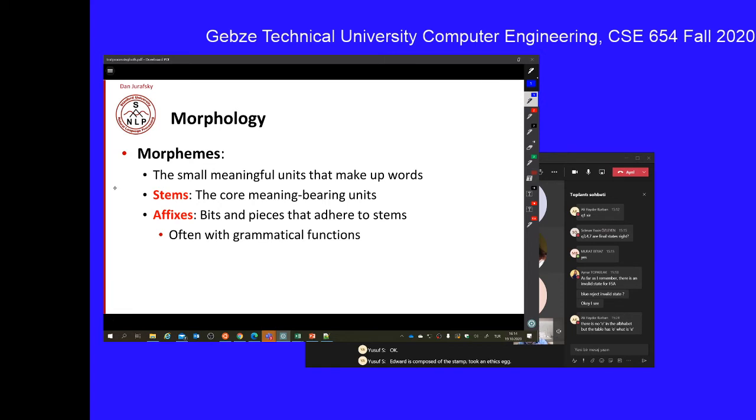The core meaning-bearing unit is the stem, and affixes are bits and pieces that adhere to the stems. It could be a prefix or postfix, before the stem or after the stem. They are all called affixes, often with grammatical functions, inflectional and derivational affixes. We are going to see some examples later.